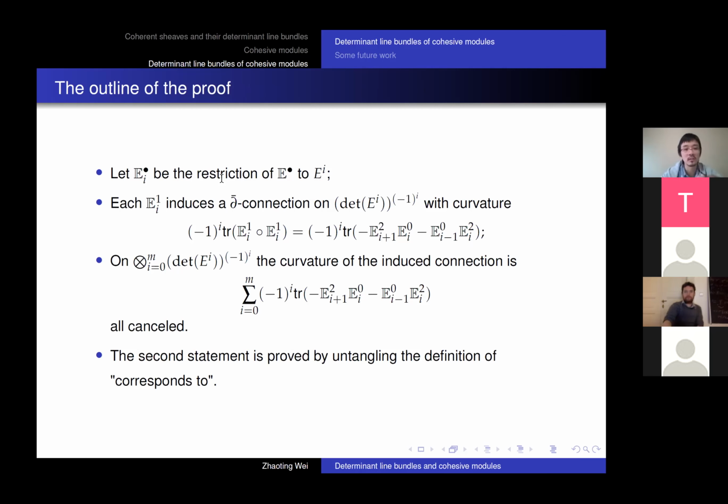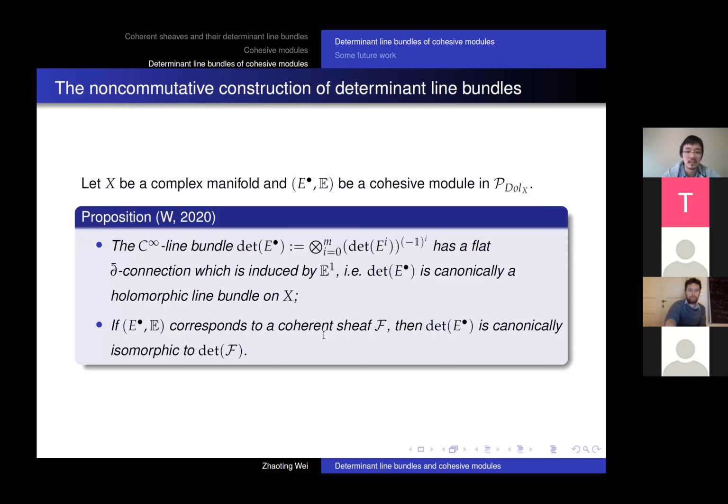So we get a canonical holomorphic structure on the determinant line bundle. And the second part of the statement is just untangling the definition of what we mean by the cohesive module corresponding to it.